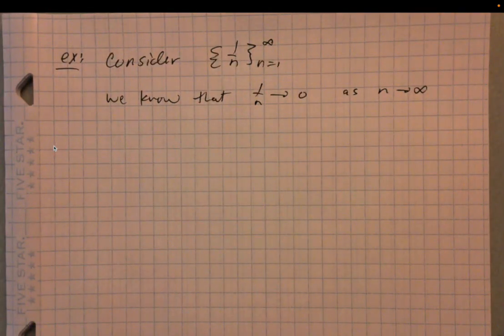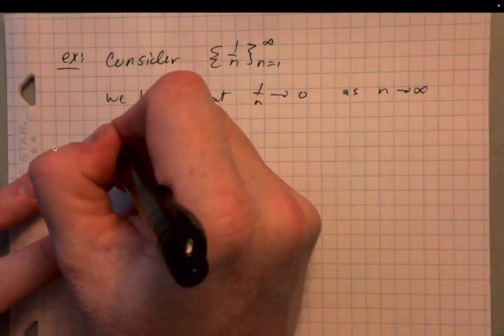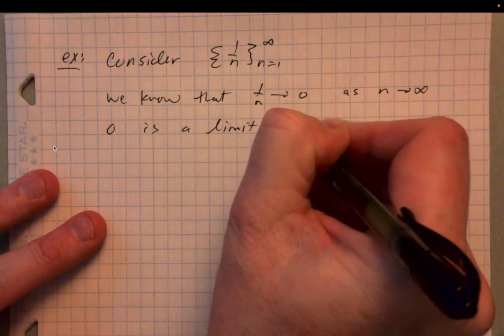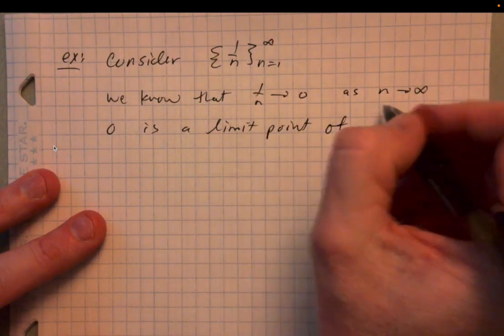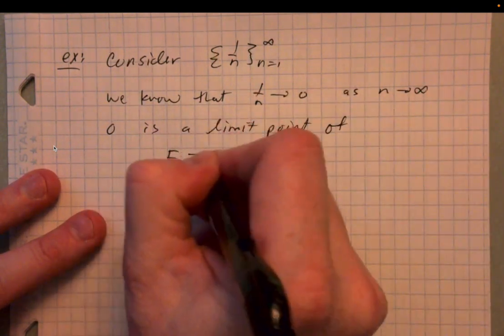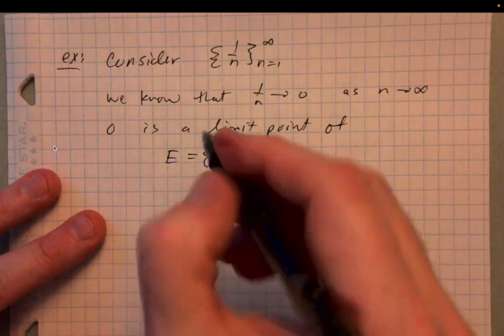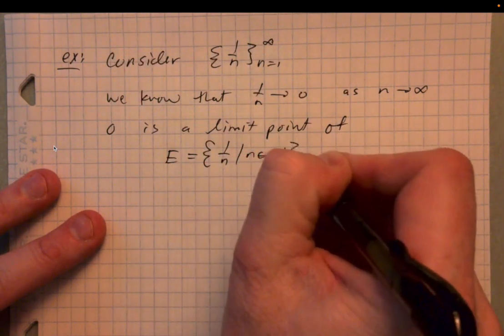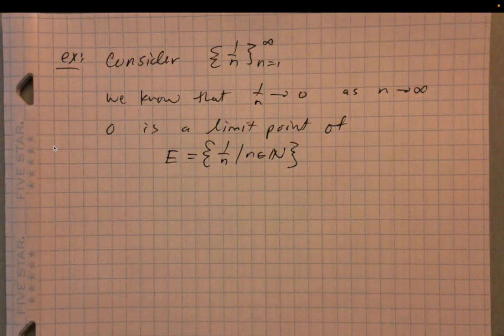And from this you could probably guess that 0 is a limit point of E if we set E equal to all of the terms of this sequence. Now notice that 0 is not in E.